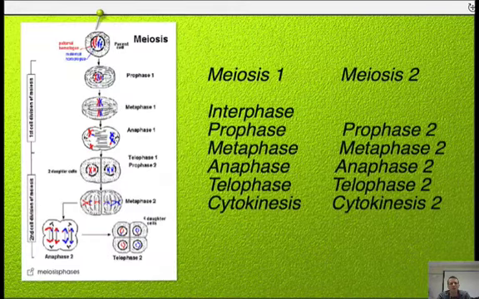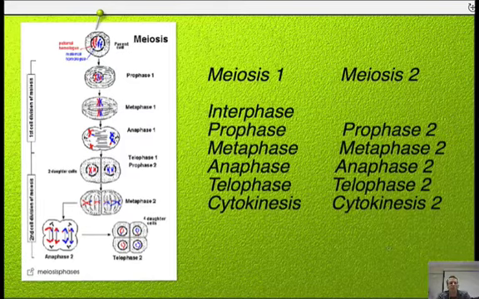Now moving on to the phases here. If you notice in the phases, once again, it starts with interphase in meiosis 1, and then it goes to prophase, metaphase, anaphase, telophase, cytokinesis. That IPMAT, the same thing you can use for mitosis. But once again, I said in the beginning of the video that meiosis divides twice, and that's how you get the 4 cells. So after cytokinesis, it then goes to prophase 2, metaphase 2, anaphase 2, telophase 2, and finally cytokinesis 2.